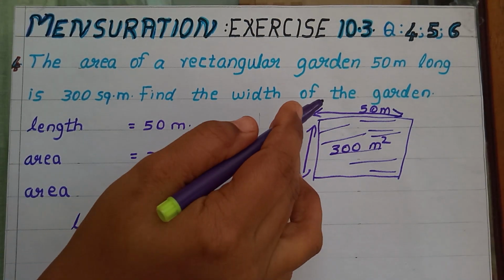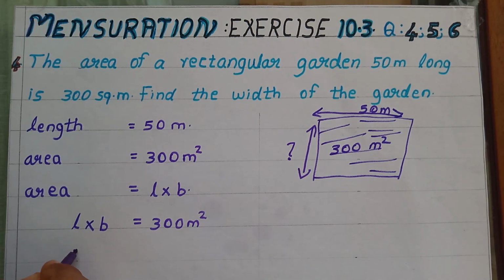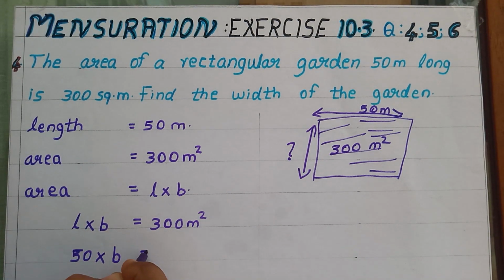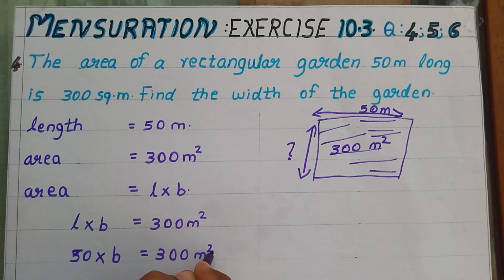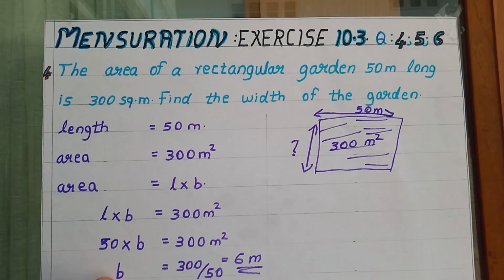And we know the length is given as 50. That means L into, then we don't know the value of B, equal to 300 meter square.